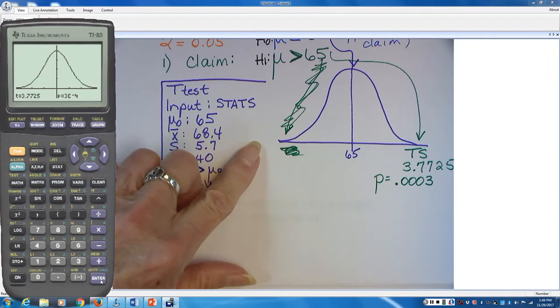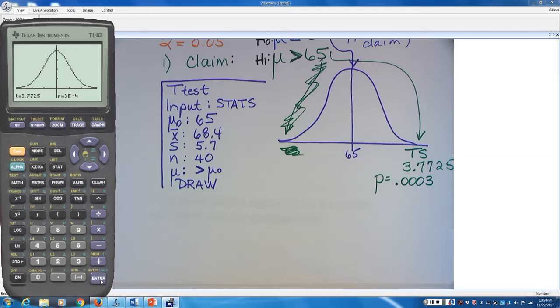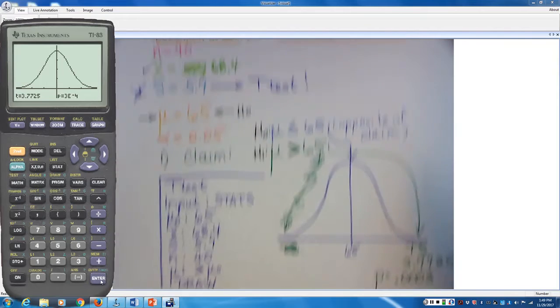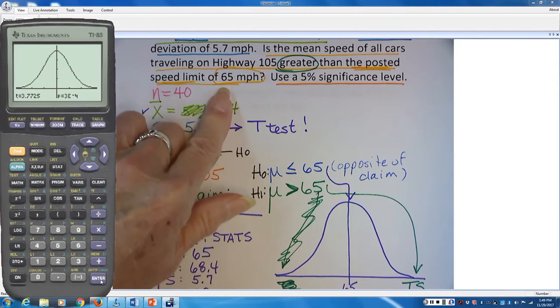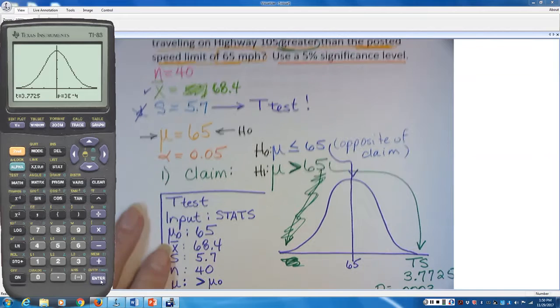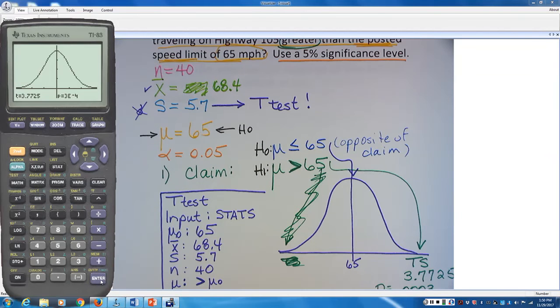Then it is not likely those 40 cars were observing the speed limit. They were speeding, okay? So while H0 says the speed limit's 65 miles an hour, and that means the traffic on average was supposed to be going 65 miles an hour, we have a p-value that we're going to have to say is less than alpha.